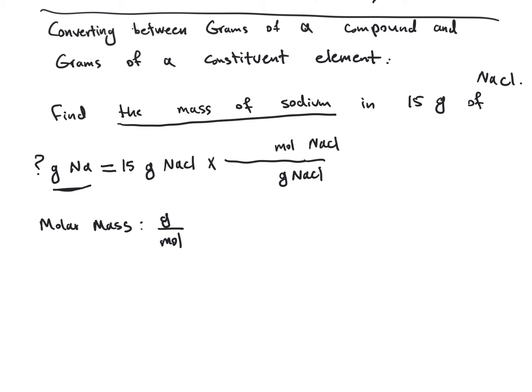Okay, now I want to find the molar mass of NaCl, whose numerical value is the same as your formula mass. Here we come to the book and read the numbers: Na is 22.99, plus for chlorine we have 35.45.